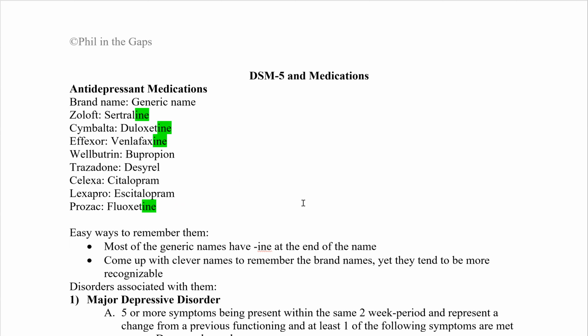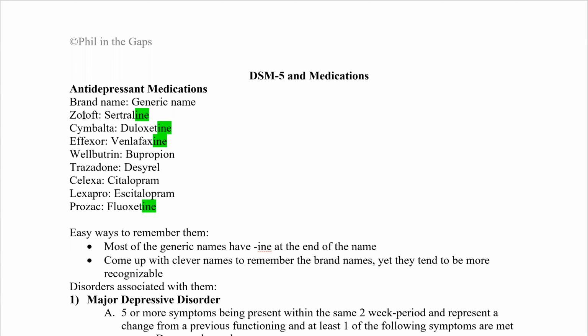So that's where you want to make sure specifically that if you are like, oh my God, I'm not sure, that you identify the correct symptoms. And if you see INE at the end, know that the likelihood of it being an antidepressant goes up. And on the brand name, this is where we can get a little bit more clever. So oftentimes people are like, man, I get them mixed up. These are just easy ways that I have people be able to remember the antidepressants.